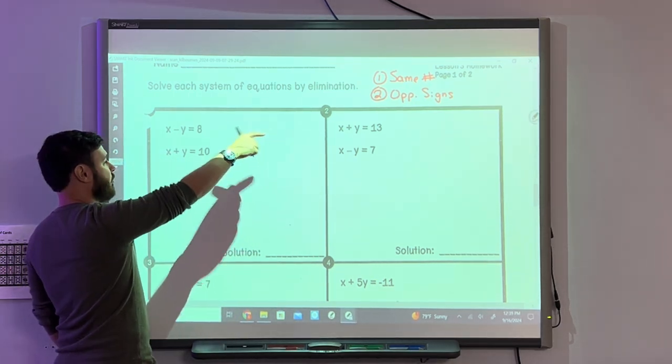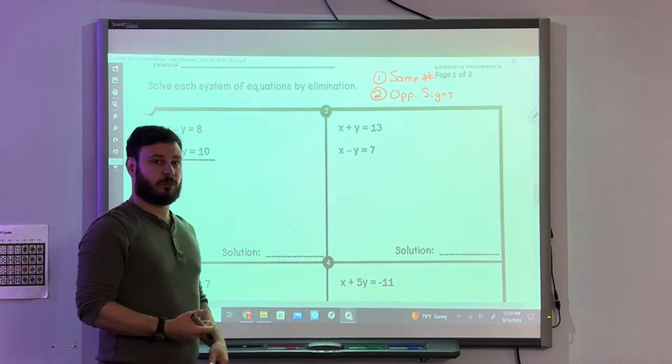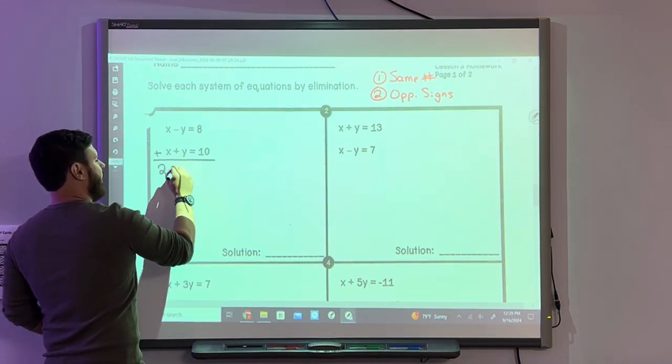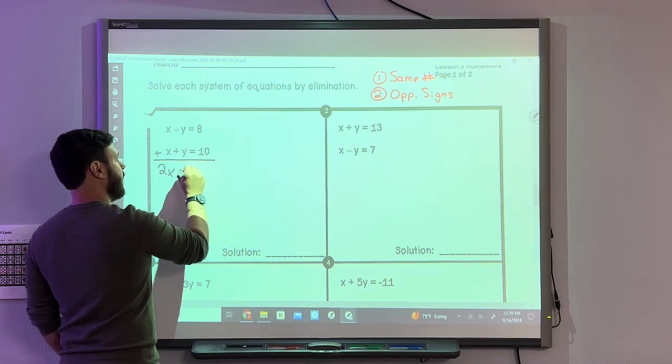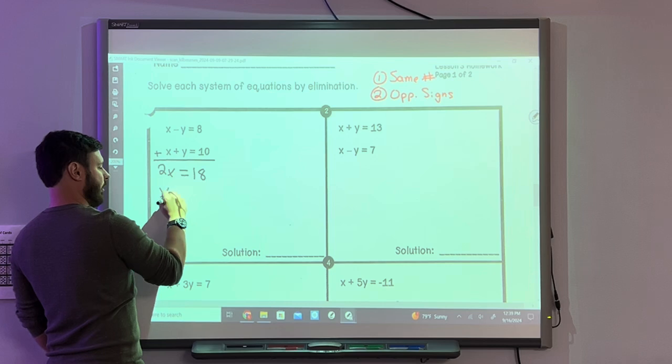Once I have both of those situations happening, I turn the whole thing into one giant addition problem and smoosh them together. x plus x is 2x. Negative y plus a y, well, they cancel, they eliminate each other. 8 plus 10 is 18. Now I divide by 2, x equals 9.